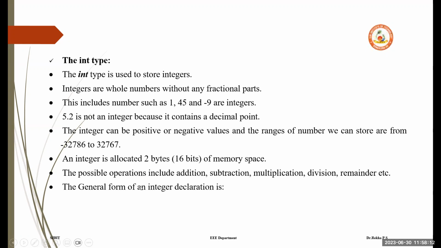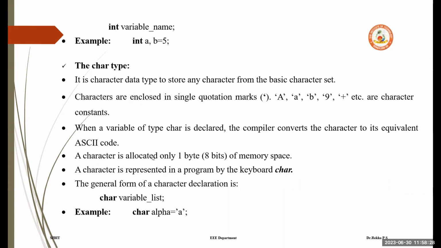An integer is allocated 2 bytes, that is 16 bits of memory space. The possible operations include addition, subtraction, multiplication, division, remainder, and so many. So what is the general format for integer declaration? See, data type, variable name.